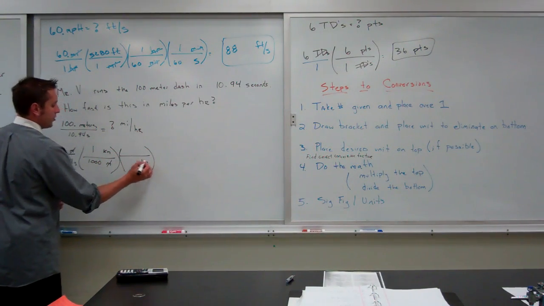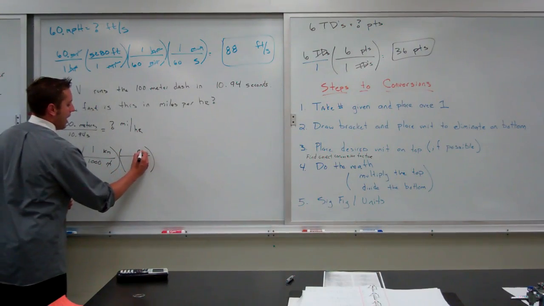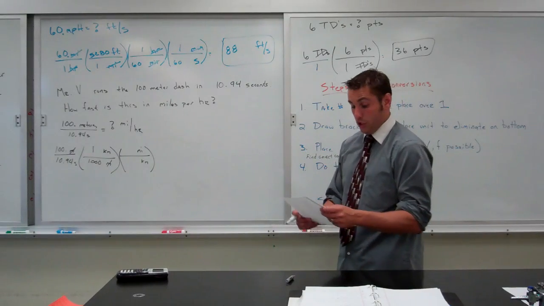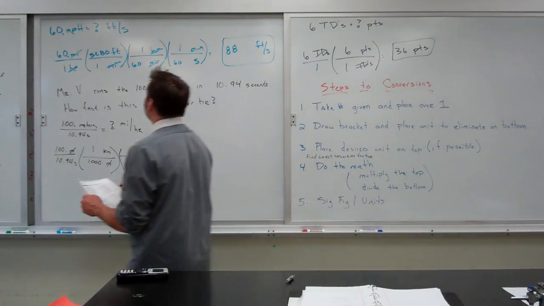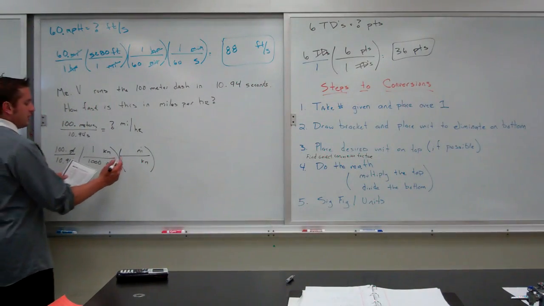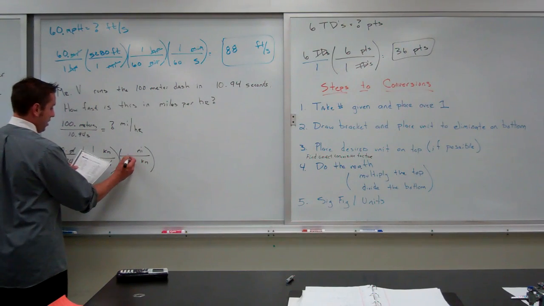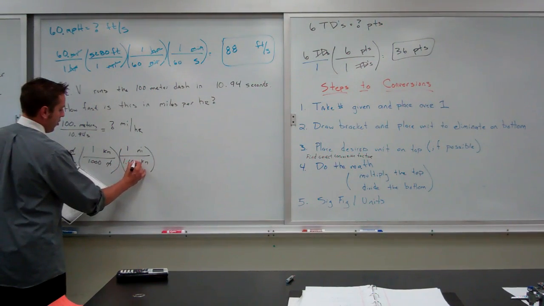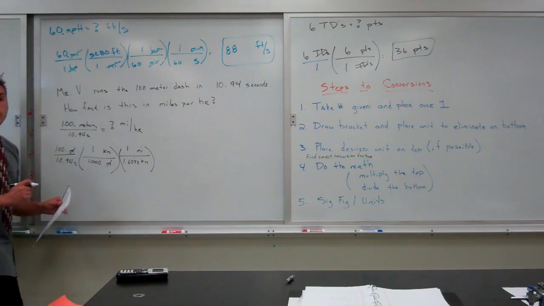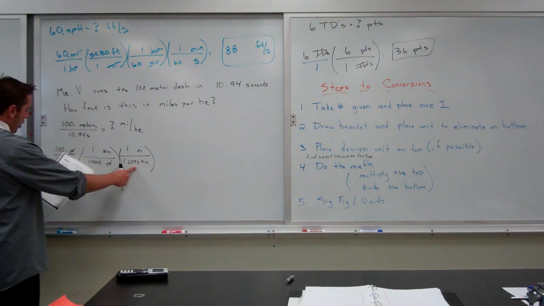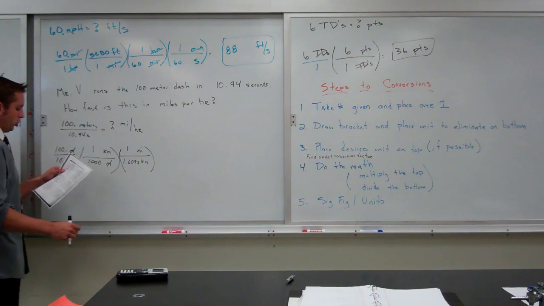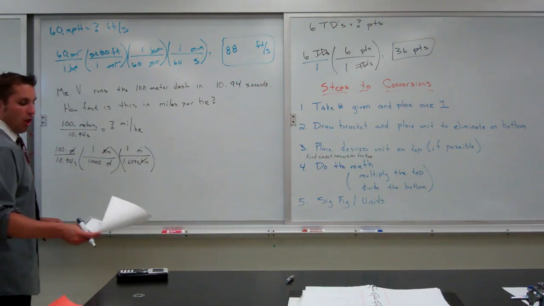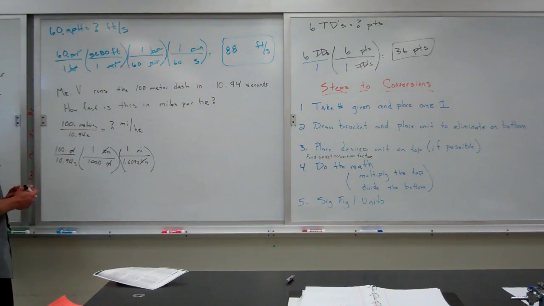We'll put kilometers on the bottom and miles on top, and we do have a conversion for this. In fact, we have two. Last time I did the 0.627 one, so this time we'll say 1 mile is 1.6093 kilometers. You could also have said 1 kilometer is 0.6213 miles. That would be fine also. So kilometers cancels. Now I have miles on top.